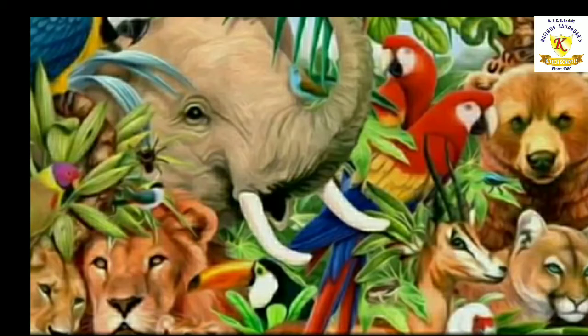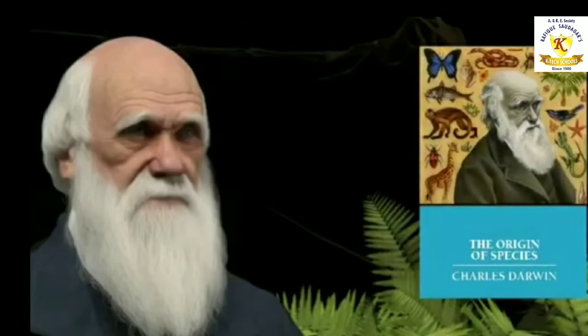That means the organisms, that is the plants or animals, who are fittest will survive in nature. For this purpose, Darwin had published a book. The title given to that book is Origin of Species.